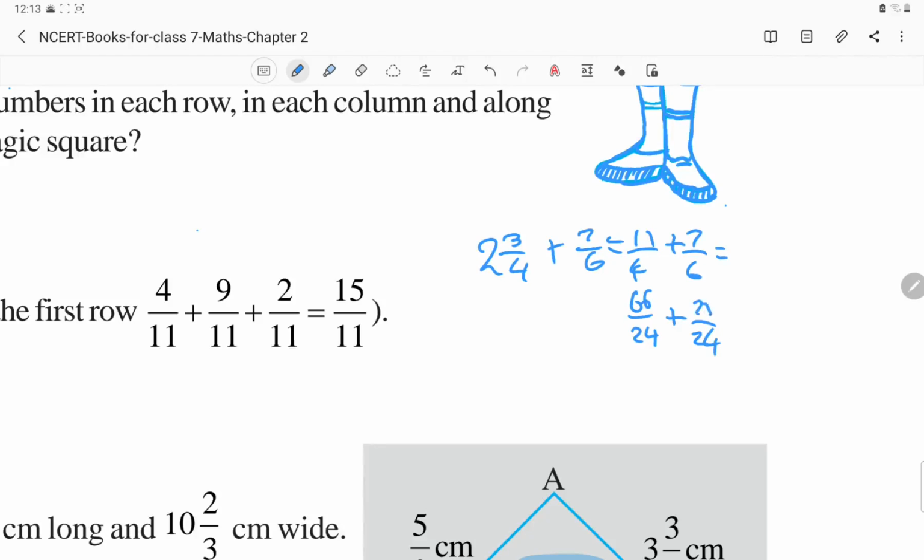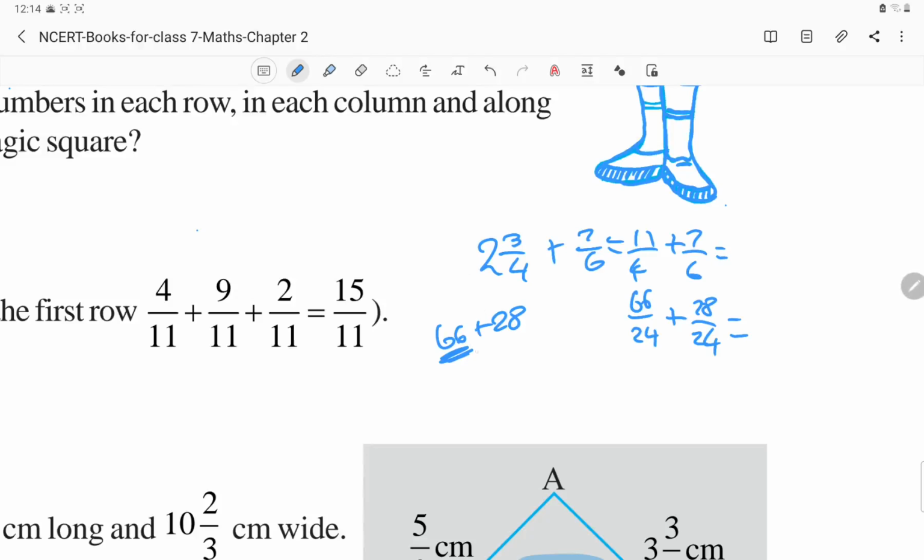So 11 times 6, 66. 7 times 4, 28. 66 plus 28 is, so 66 plus 28. 66 plus 4 is 70.